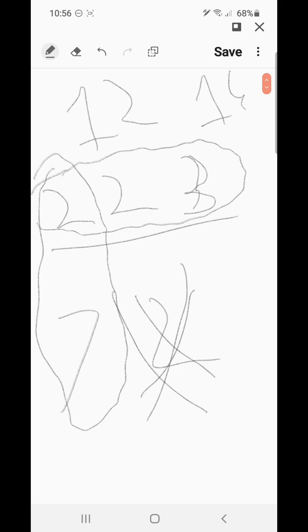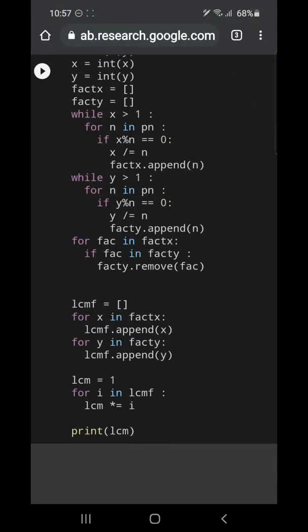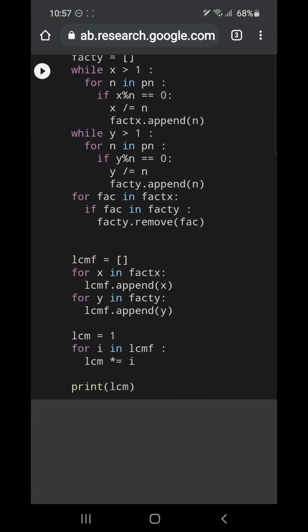The multiplication of all these numbers is the smallest common multiple of 12 and 14. Now we will get back to the program. This was just an explanation of how we do it in real maths, in the notebook.